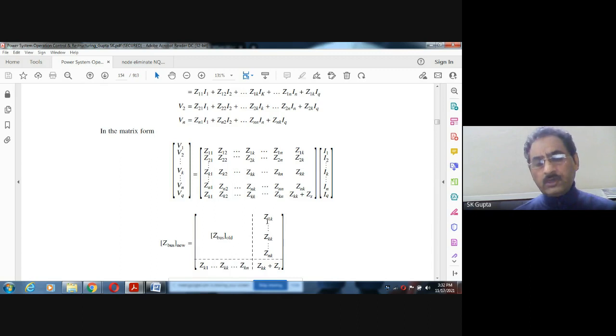The old one was already there, one row and one column are added, with the kth row and kth column elements because it was added at the kth bus, and Zs means the impedance of the transmission line. Is it clear? It is the second modification.